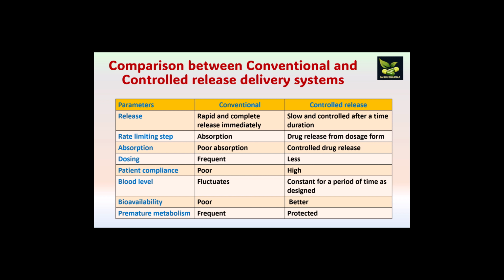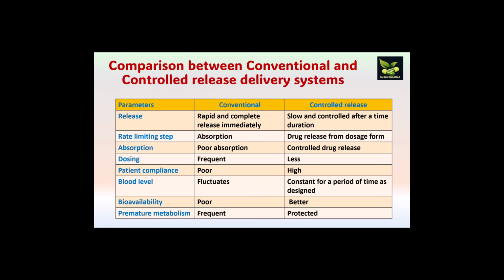If we consider absorption, then in conventional the absorption is poor because the drug will be distributed, will be metabolized, and very small quantity absorbs. But in the case of controlled release, we control or we monitor the release. When we see the frequency of dosing, then in conventional we have to give many times a dose, so it is frequent, but in control it is less.